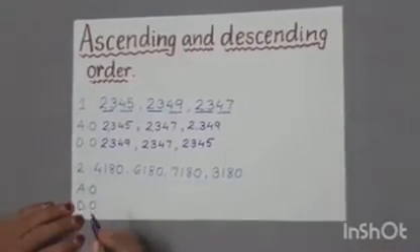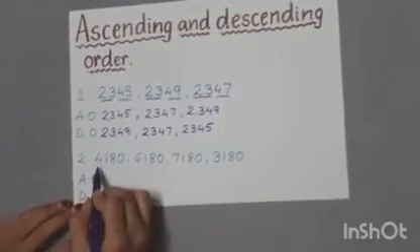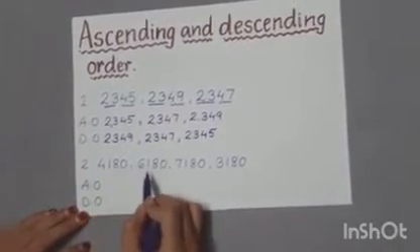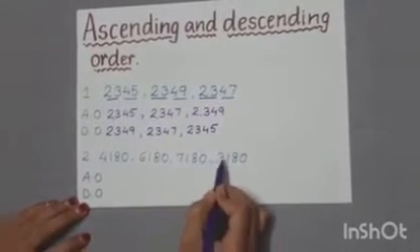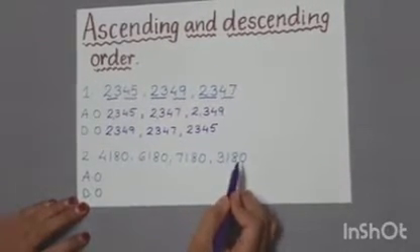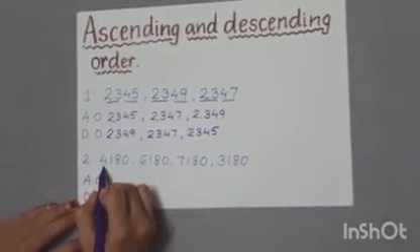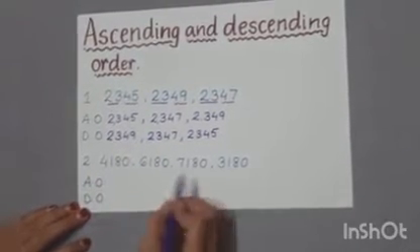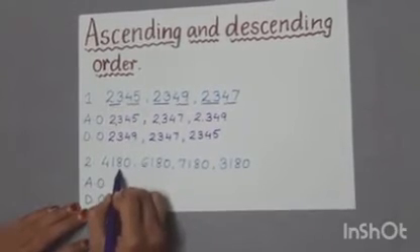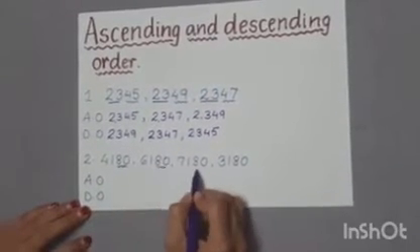Okay, the next one we have is 4180, 6180, 7180 and 3180. So if you see, we have 41, 61, 71 and 31 and the last two digits are same, isn't it?